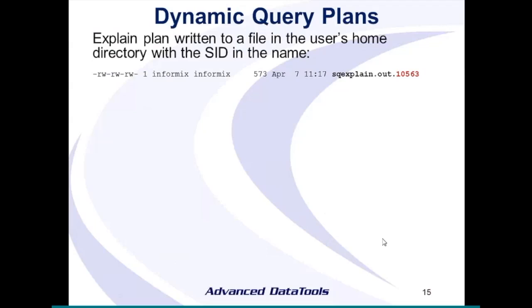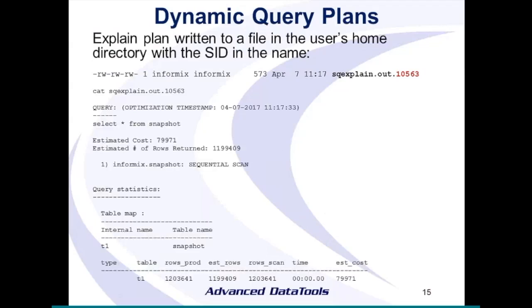The default name will be sqexplain.out, followed by the session ID. But you can override that and the directory by specifying the file name and a full path when you execute the onmode -Y.